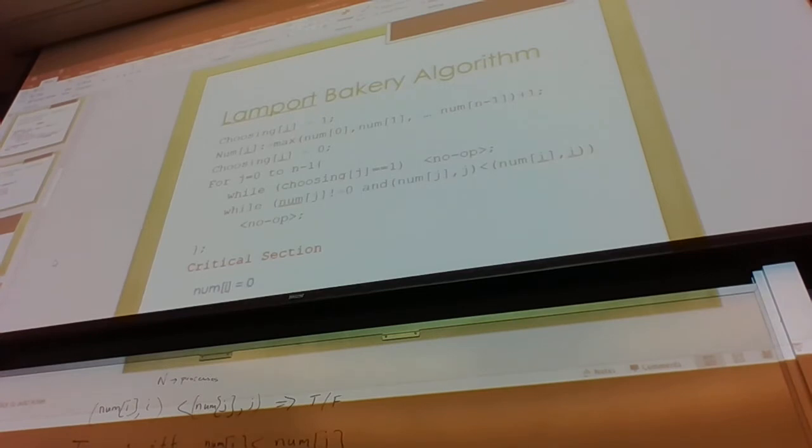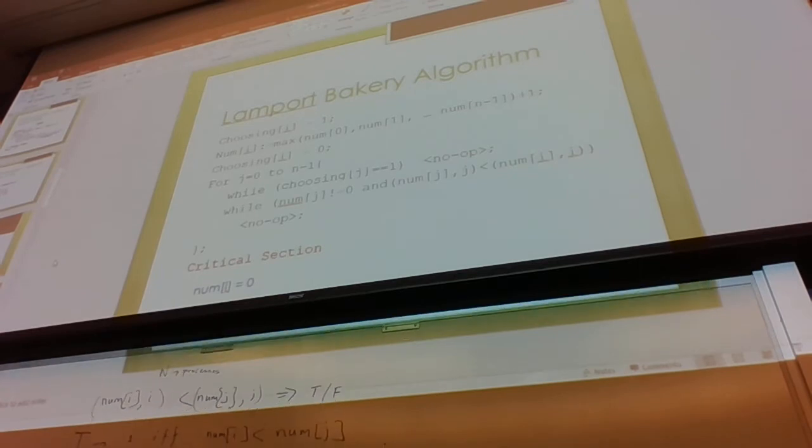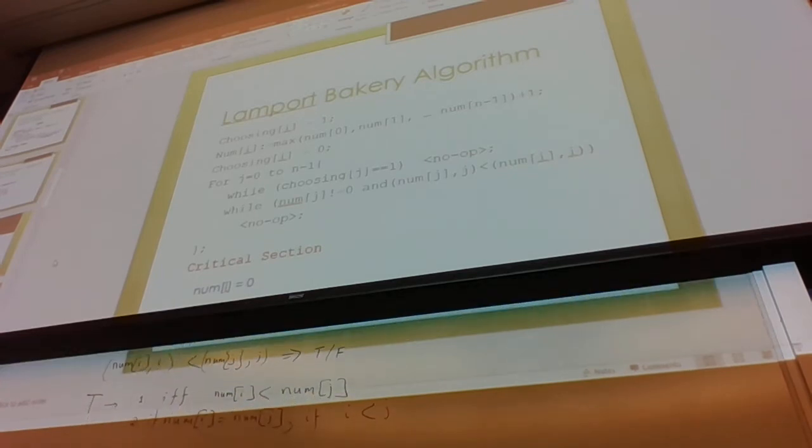If num I is equal to num j, then this is true if I is less than j. That's what we said. And it is false for all other cases.